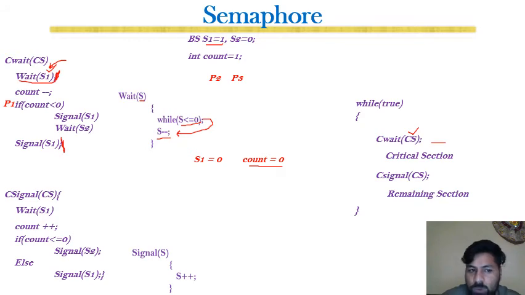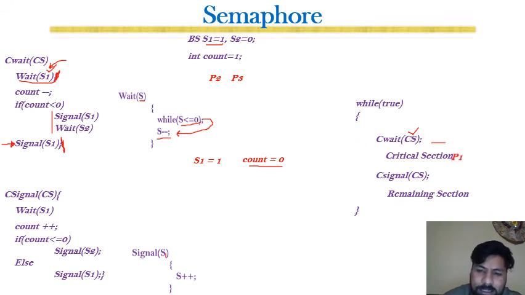It is not less than 0, so it will not execute these two statements, but it will go toward the instruction in which signal on S1 will be called. So signal on S1 will be executed, S1's value will be incremented and now S1's value will become 1. Okay, and P1 will return and again be in the critical section.